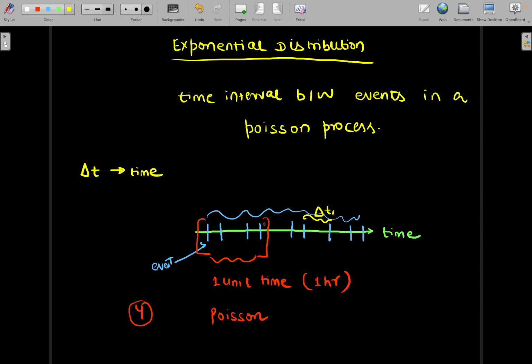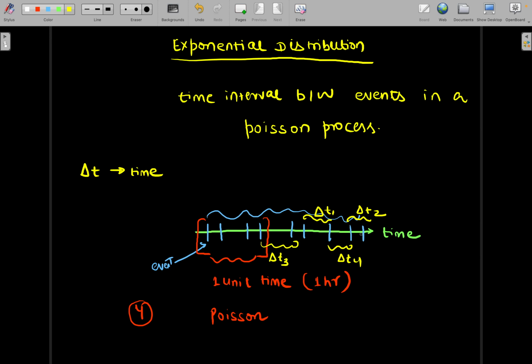This is the time difference between two events, delta t1, and this is the time difference delta t2. This is delta t3, and this is delta t4. So precisely, to study the time interval between these events, use the exponential distribution. If you are trying to study the time difference as people come to the Amul cafe, in such a case use the exponential distribution.